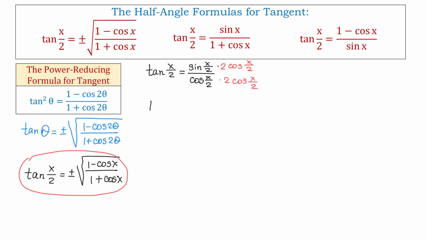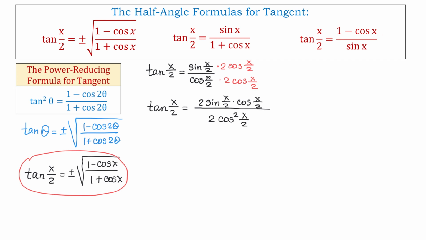Now we will have tangent of x over 2 equals 2 sine of x over 2 times cosine of x over 2 all over 2 cosine squared of x over 2.